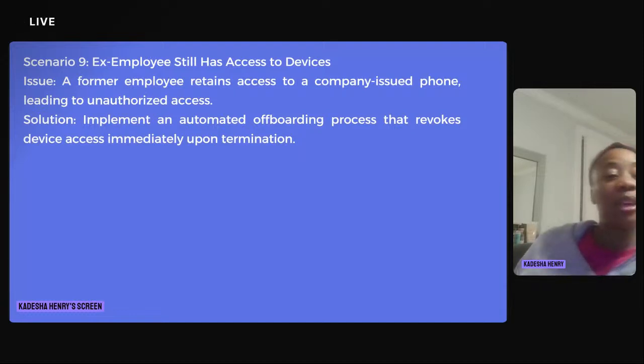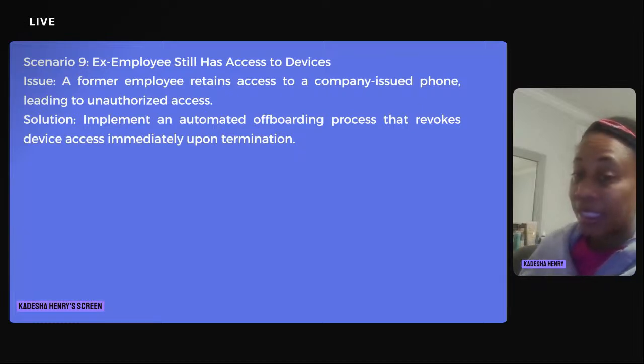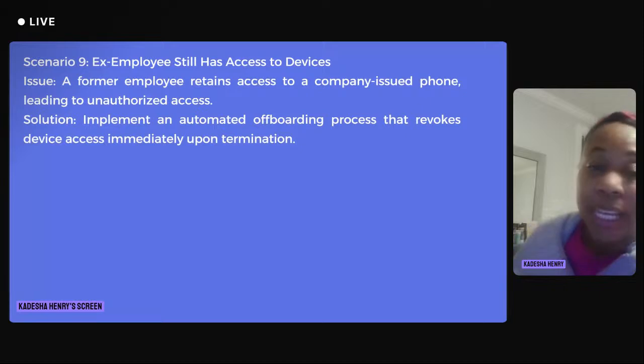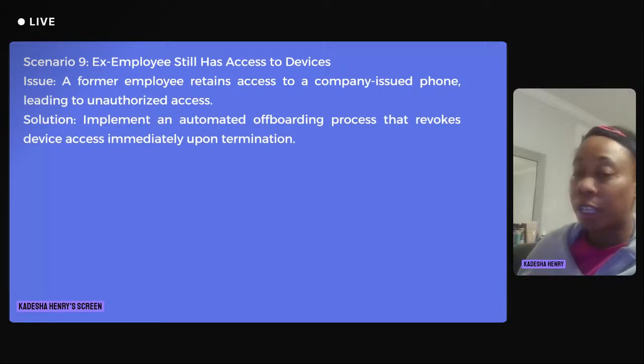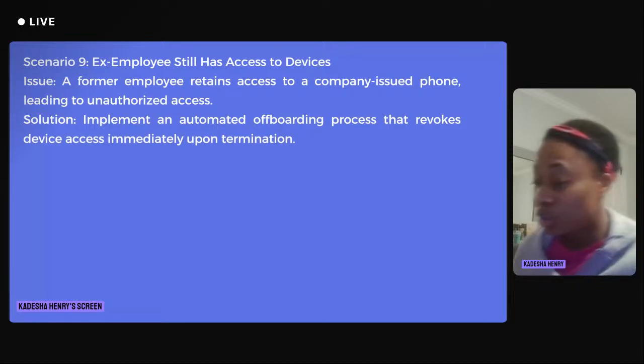That should not be. You should have policies in place that revoke your rights and your access. One of the solutions is to implement an automated offboarding process that revokes device access immediately upon termination. So if the person is terminated, it is automated that their rights and access to the device are revoked.